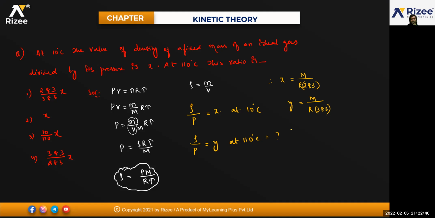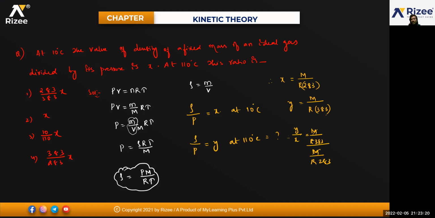So it's asking the ratio of what, beta? The ratio of this value will be equal to how much? Ratio means y by x. So y by x is equals to M divided by R into 383, divided by M divided by R into 283.